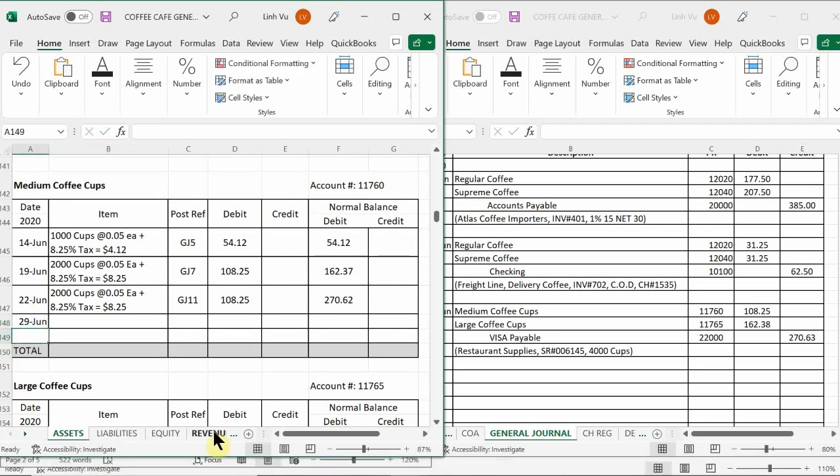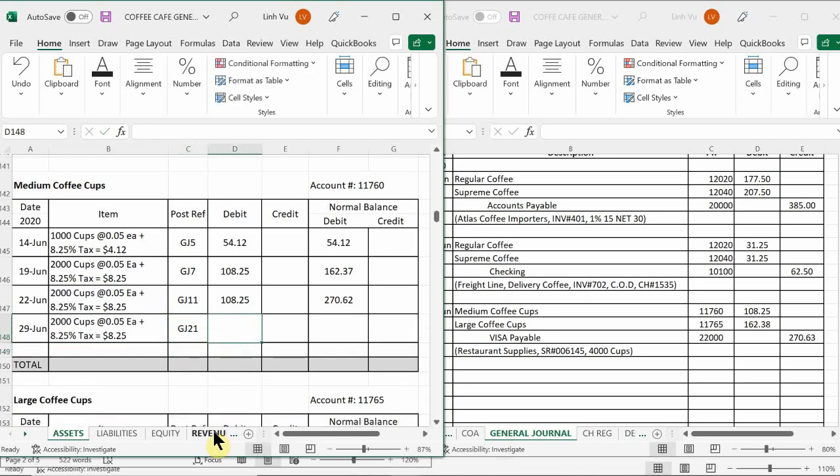This is the 29th. We purchased 2,000 cups at 5 cents each, plus tax of 8.25%, which gave you $8.25. General Journal, page 21, for 108.25.